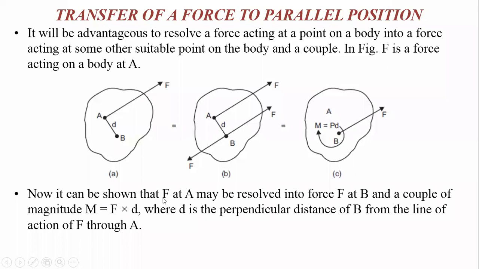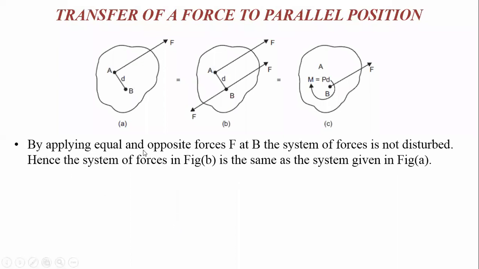Now if you see here, it can be shown that the force F at A may be resolved into force F at B and a couple moment having the magnitude F into D. Instead of applying the force F at A, we are applying force F at B and a couple moment M having the magnitude F into D, where D is the perpendicular distance of B from the line of action of F through A. By applying equal and opposite force F at B, the system of force is not disturbed.